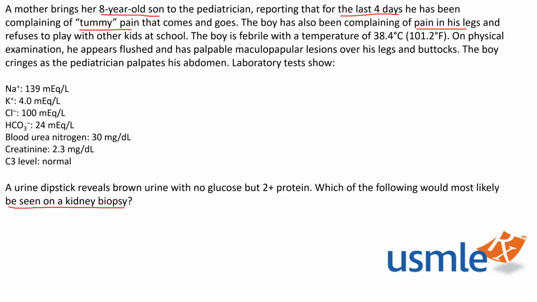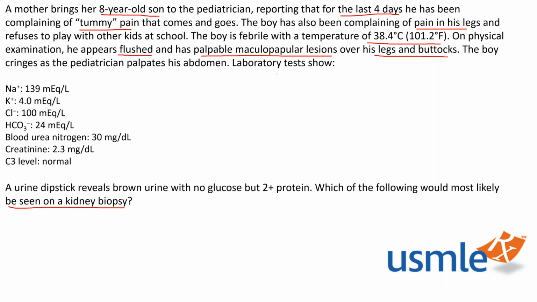You wouldn't expect that. So the boy is febrile and has a temperature of 101.2 degrees Fahrenheit or 38.4 degrees Celsius. On physical exam, he appears flushed and has palpable maculopapular lesions on his legs and buttocks. That's a big one there, something to highlight and point out. That's a fairly narrow differential when you start getting maculopapular lesions on lower extremities in young kids.